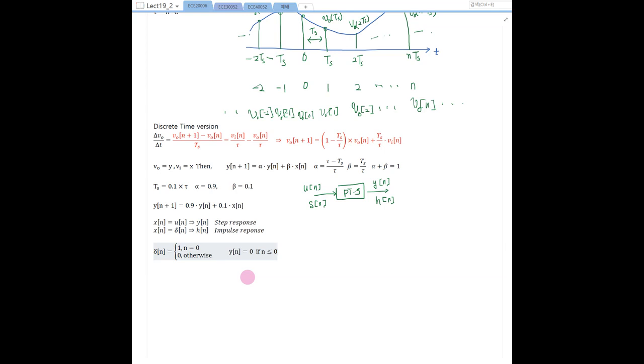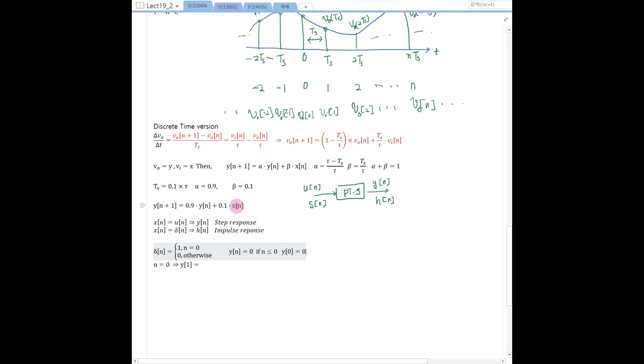Then we would like to measure y1 first. y0 we assume is 0. If n equals 0, this becomes y1. In this case, y0 is 0.